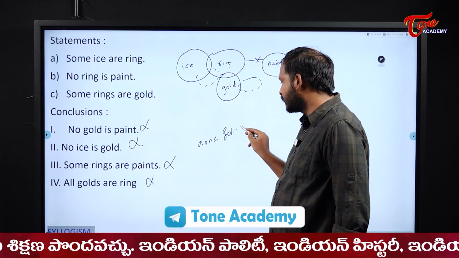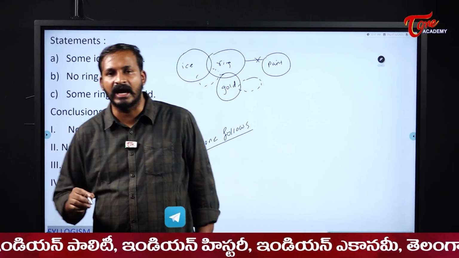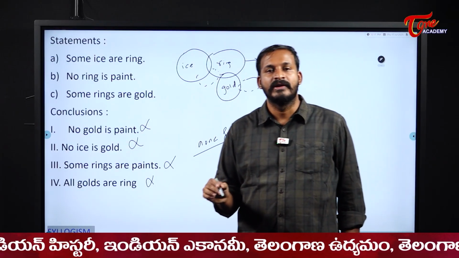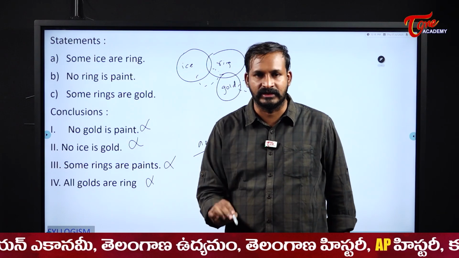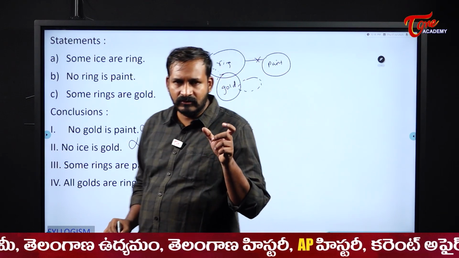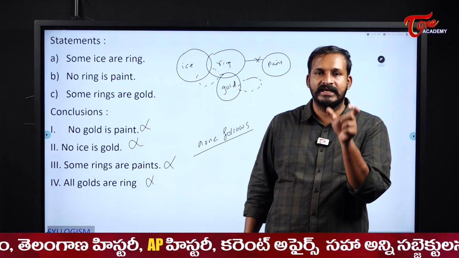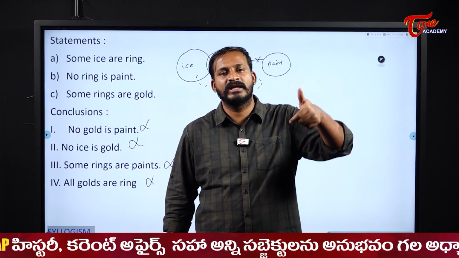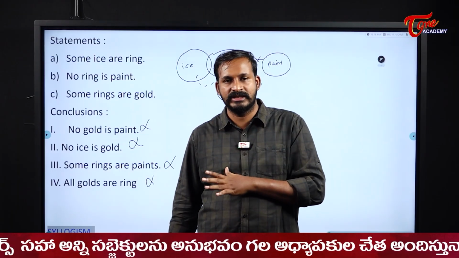See here students, once again I am repeating. In case of negative conclusions only, we will check it in the alternate diagram. When it comes to positive conclusions, we will only check in the basic diagram. If it is true, we mark it as true, else false. We check positive conclusions in the alternate diagram only when, for the same elements, we have another negative conclusion, so there is a chance for either-or.